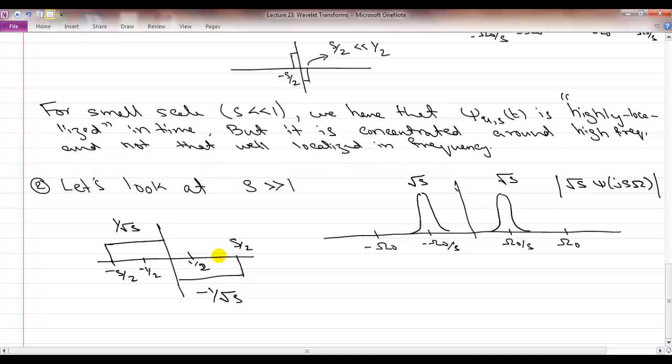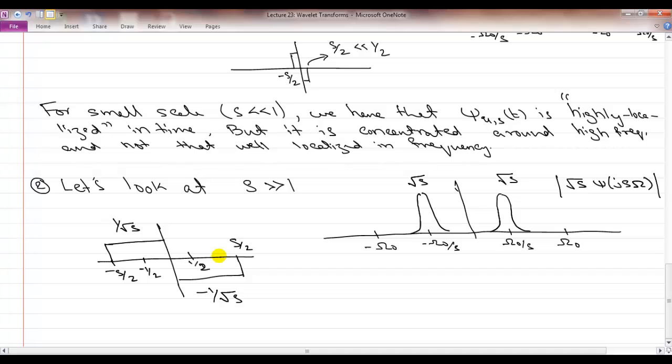But in general, as S keeps on becoming larger and larger, you keep on shifting closer and closer to 0, but in reality, you never hit 0. So you need an infinite collection of these time and scale versions of your original mother wavelet to be able to cover all frequencies.